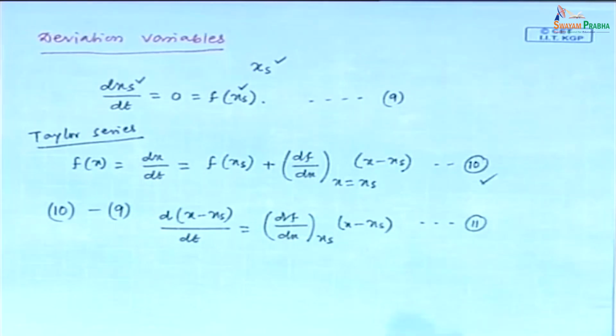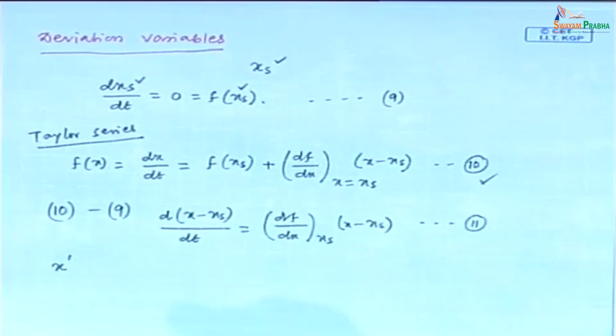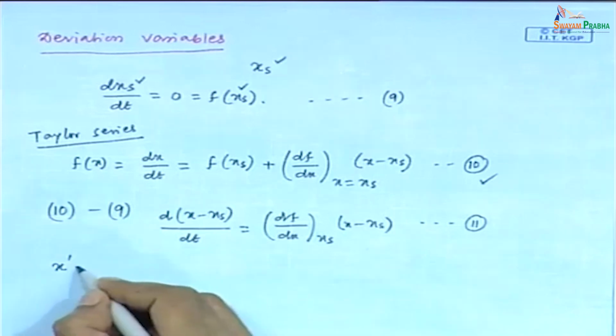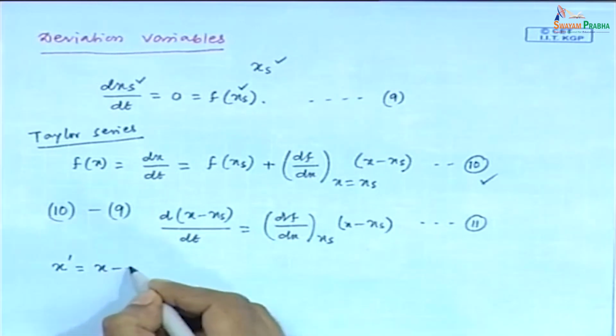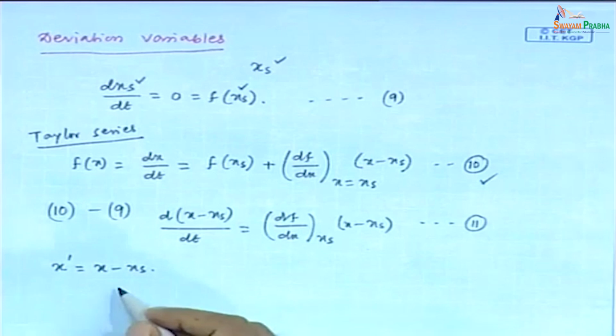Next we will consider one deviation variable, that is represented by x prime equal to x minus xs. X prime is the deviation variable and that is equal to x minus xs.